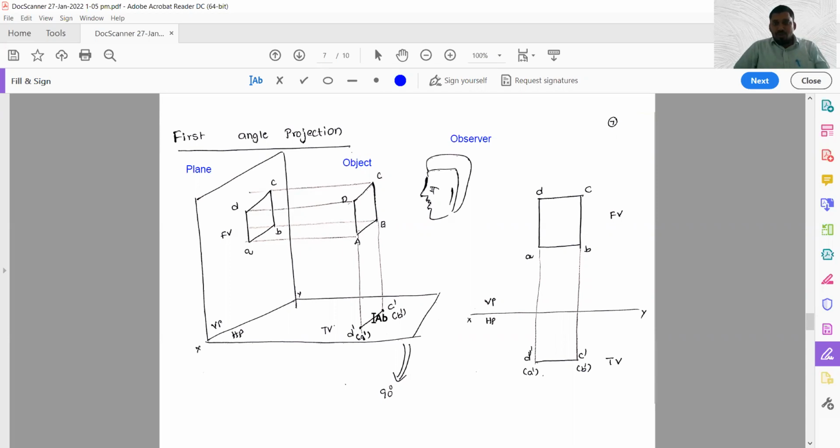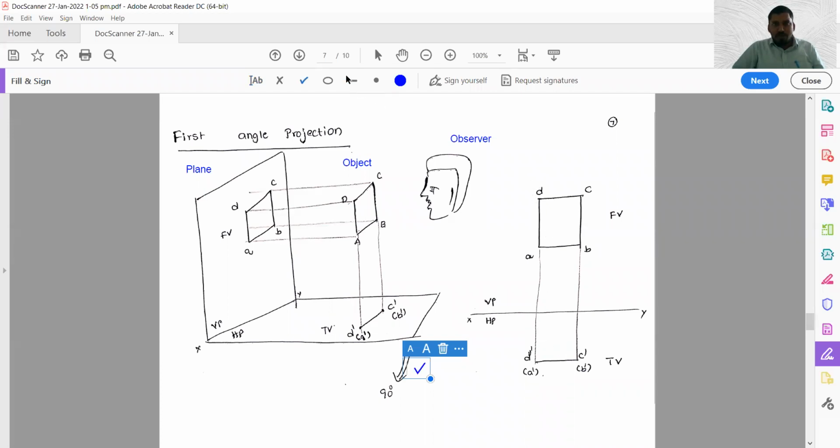I already told you, if you want to see horizontal plane view, you always have to rotate the horizontal plane through 90 degrees. Then only you will be getting that view. The diagram has to be placed on the drawing sheet. That's why I am rotating 90 degrees. So based on this rotation, the front view and top view you will be getting like this.